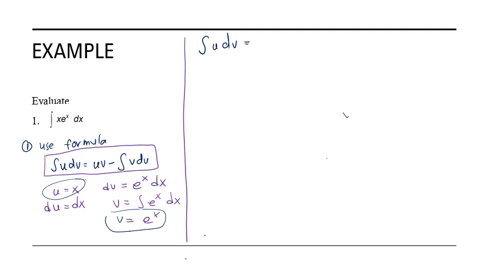So u times v, so u is x, v exponent x, minus integrate v du, exponent x dx. Okay, so simplify x exponent x minus, so integrate exponent x dx is exponent x plus c. Macam tu je. So this is the answer. Ni kita guna formula, right? But we have alternative step.